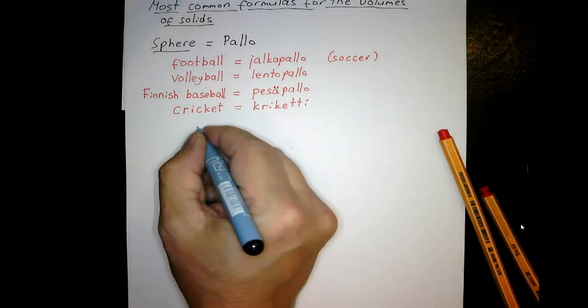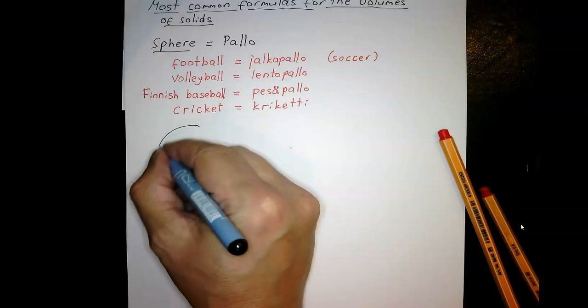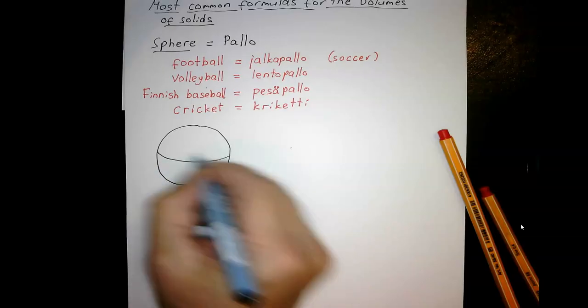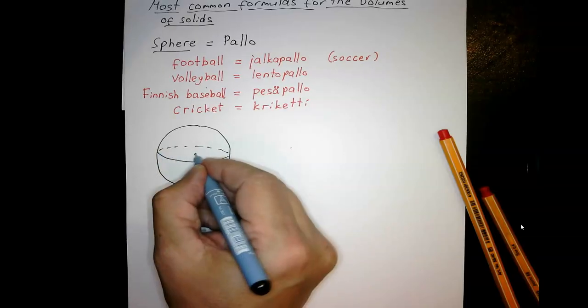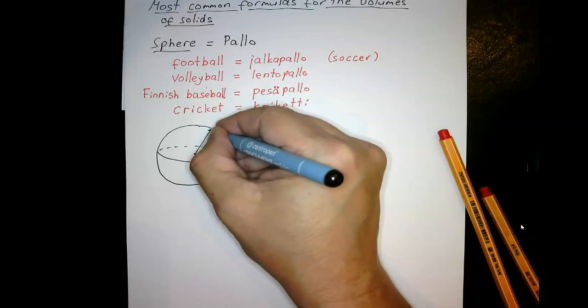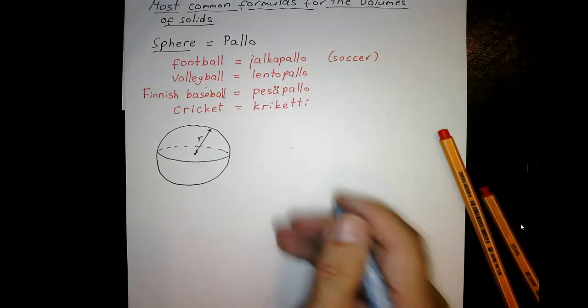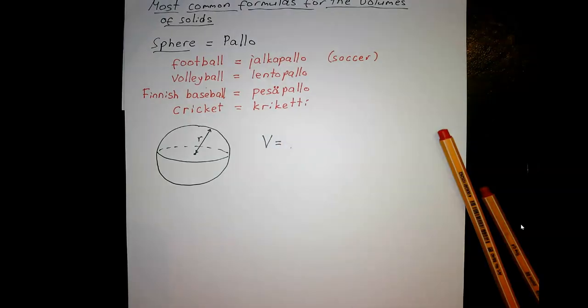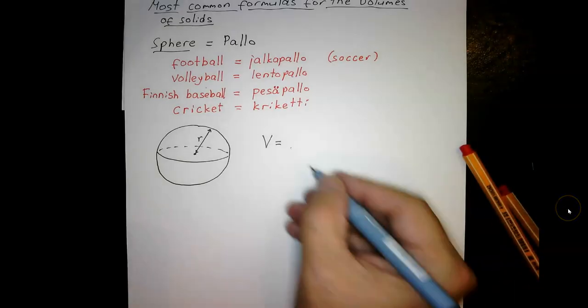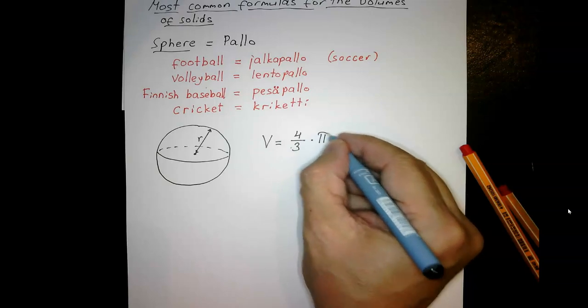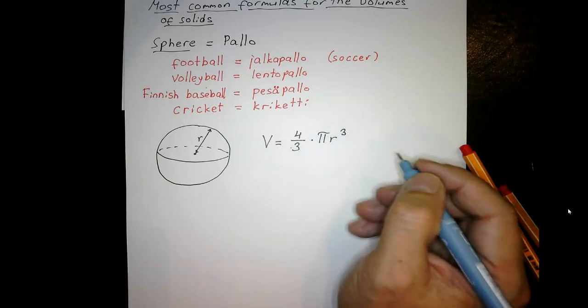Okay, then the formulas for this sphere or the ball. And again, if we have the radius of the ball, we know the volume of the sphere is 4 divided by 3 times pi r cubed.